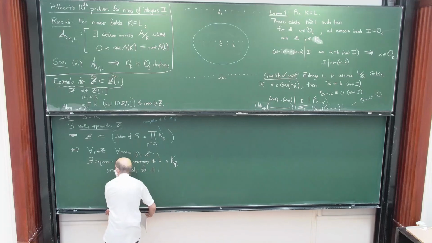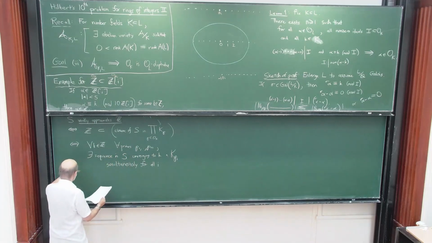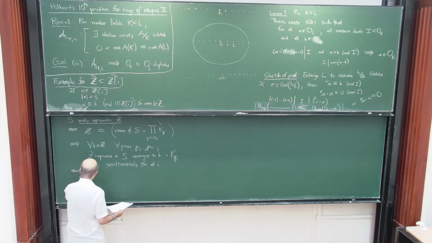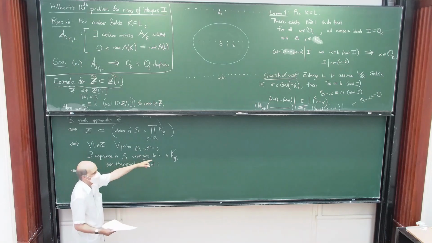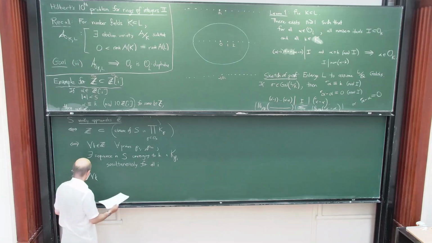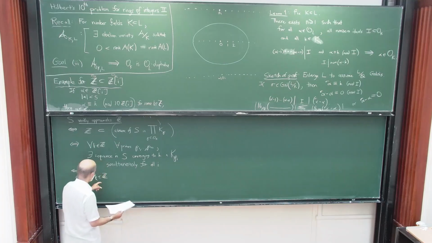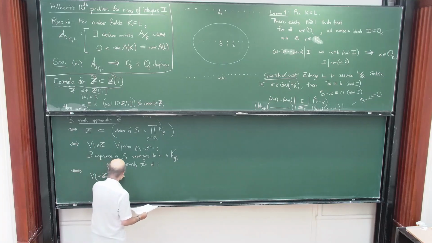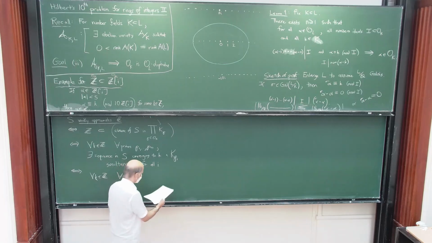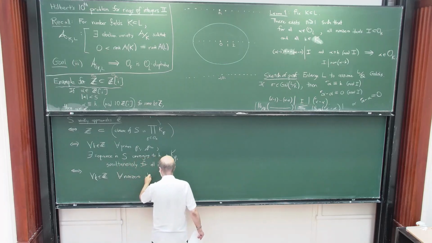And let me write it in a couple of other ways too. Just to spell out what it means to converge p-adically, that really amounts to some kind of congruence. So this is the same as saying that every integer can be approximated at least modulo some ideal.